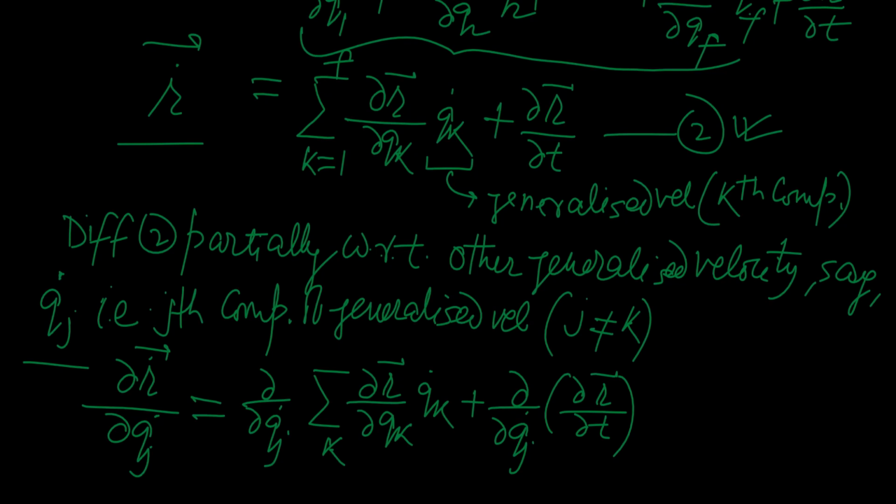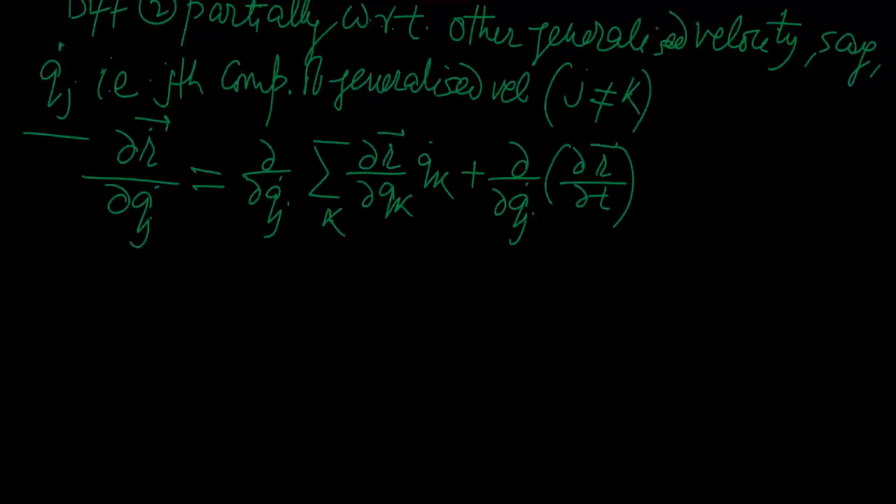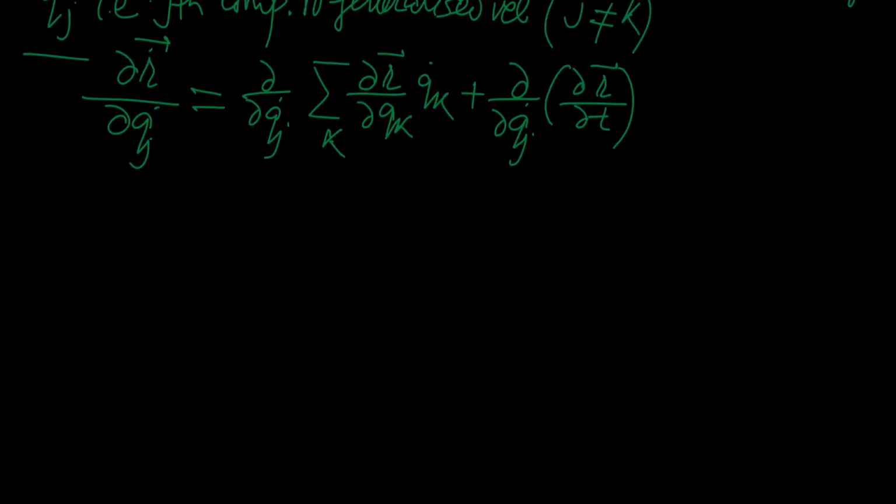See, the first term in RHS will be differentiated by the rule of differentiation of product of two functions. Here in the first term there are two functions. First one is del r by del qk and the second function is qk dot. So follow the rule of partial differentiation of product of two functions. So what will be our result? This will be summation over k.